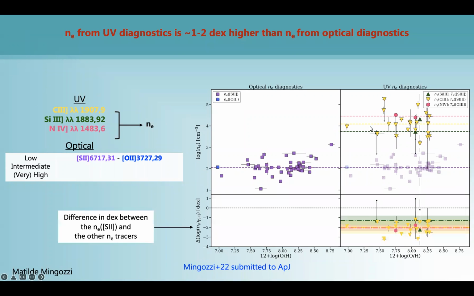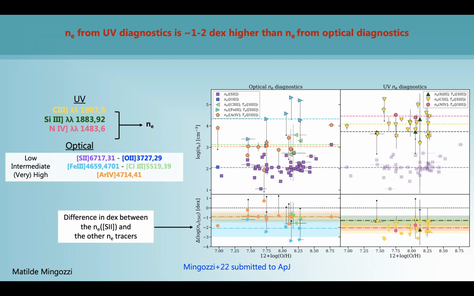You can also appreciate this from the bottom panel of this figure, which shows basically the difference index between the sulfur 2 densities and the UV tracers. If we look at the higher density tracers that we have from the optical for the low and intermediate ionization regions, you can see how they compare to the UV. In general, there is always scatter.